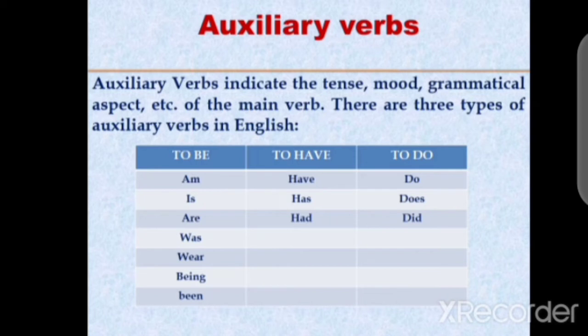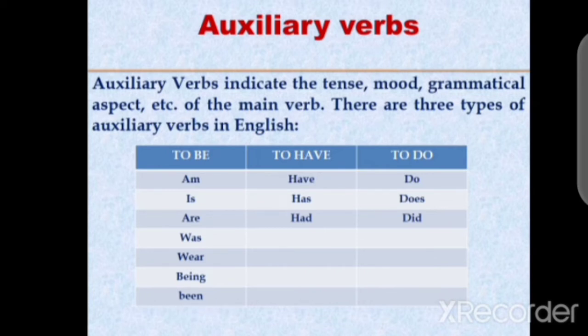There are three types of auxiliary verbs in English. So first, the to be verb has forms like am, is, are, was, were, being and been. So am, is, are are used in the present tense. Was, were are used in the past tense. Being is used in the passive voice. Been is used in the perfect continuous tense.